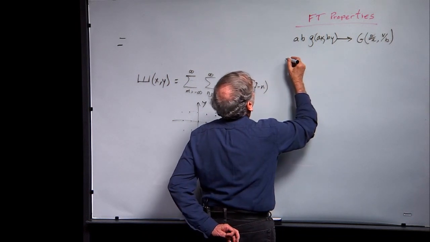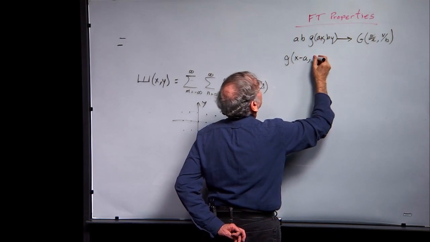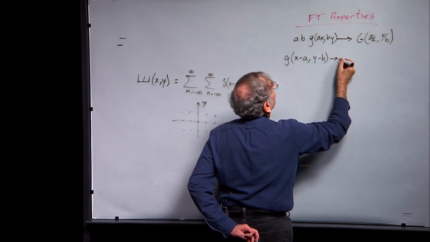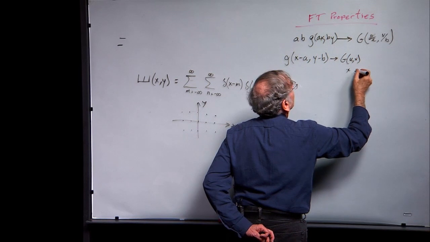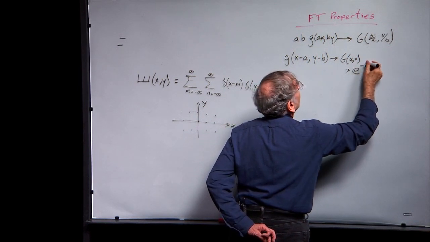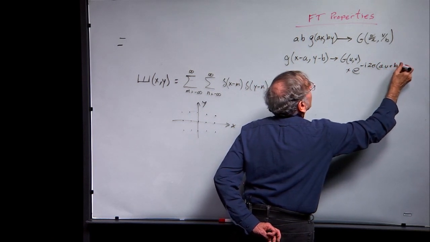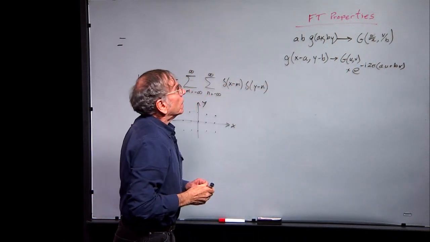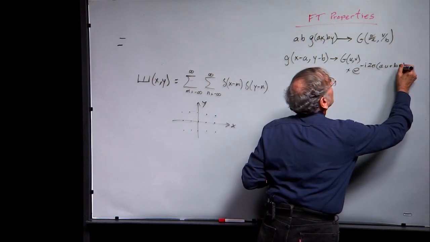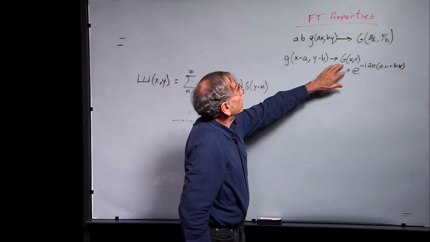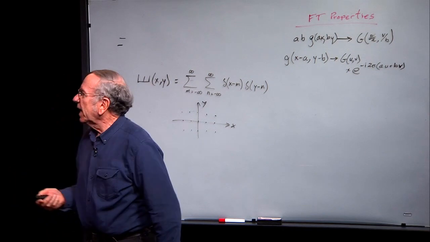The shift property also looks familiar. g of x minus a, y minus b transforms into big G of u v times a complex exponential, e to the minus i 2 pi (au plus bv). So we have a complex exponential, a phase term that now multiplies what is otherwise just the ordinary Fourier transform of the function.